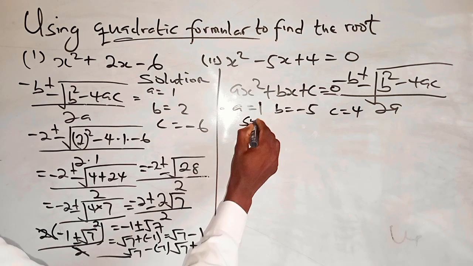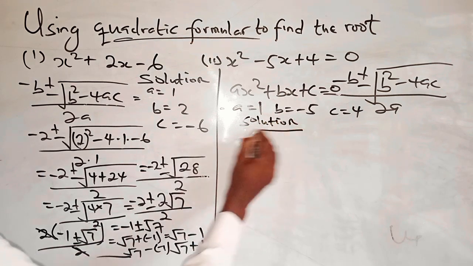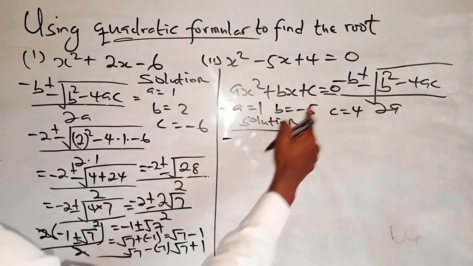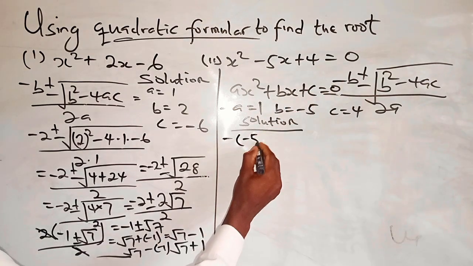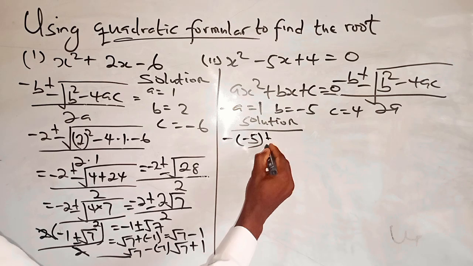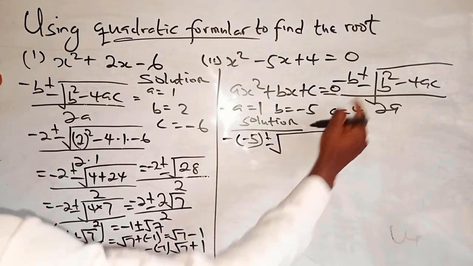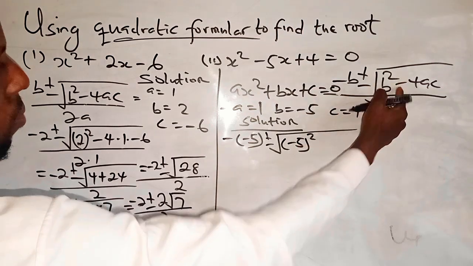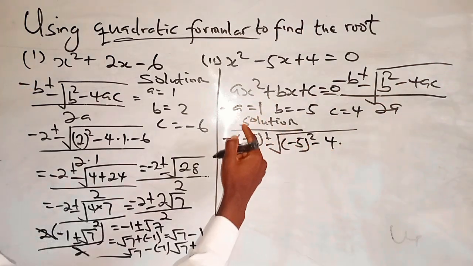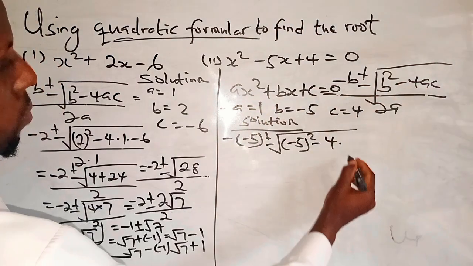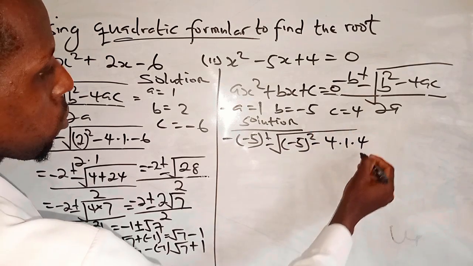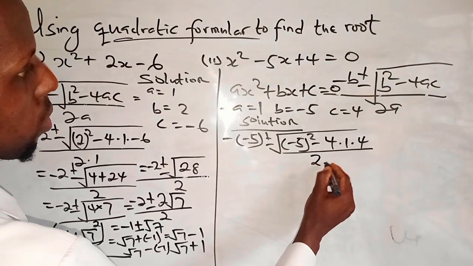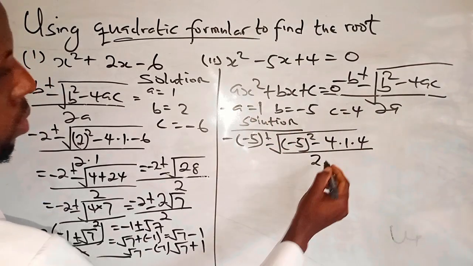Applying the formula, I have minus b, that is minus minus 5, plus or minus the square root of b squared, minus 5 squared, minus 4 times a, which is 1, times c, which is 4, everything divided by 2 times a, which is 1 in this case.